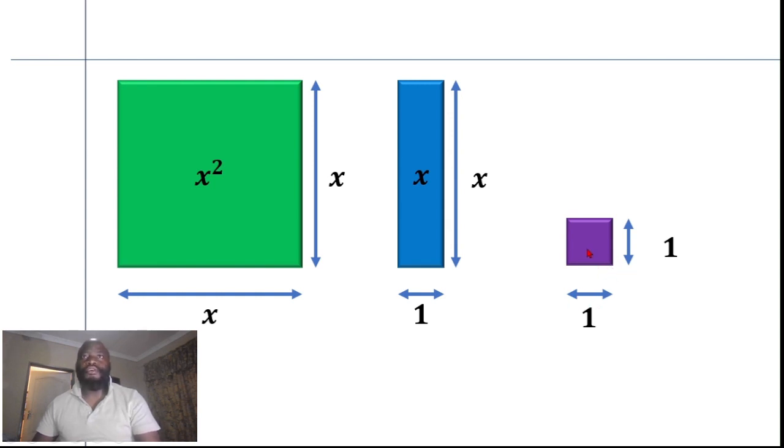Now, if we have the constant term as positive 6, there'll be 6 of these ones. One thing to note is that since x is an unknown, we cannot stack these purple squares along the length of this rectangle to see how many ones make up an x.